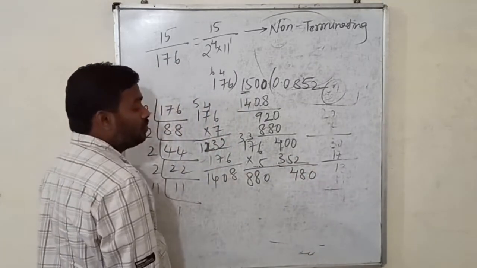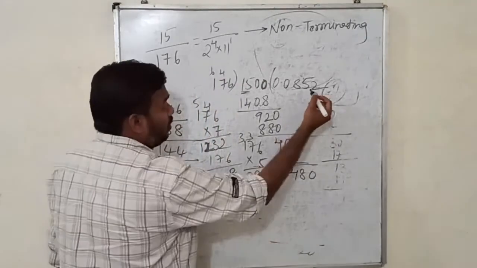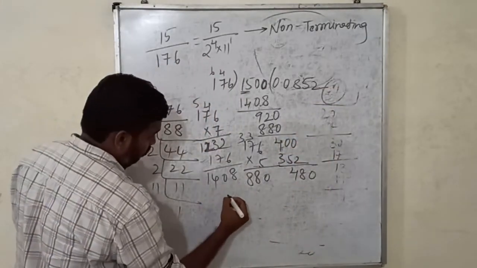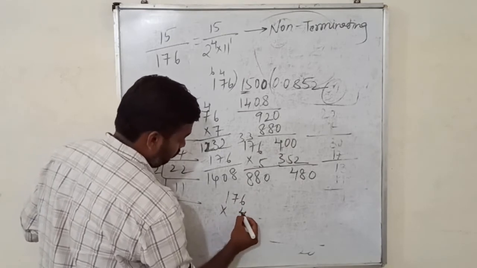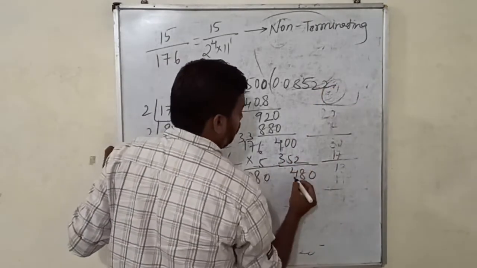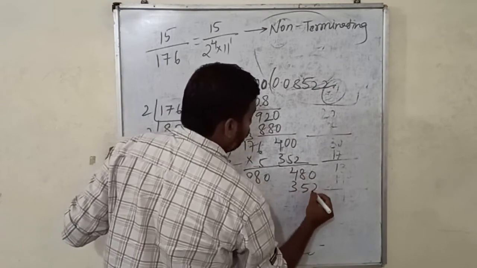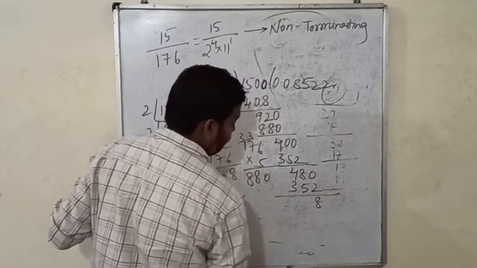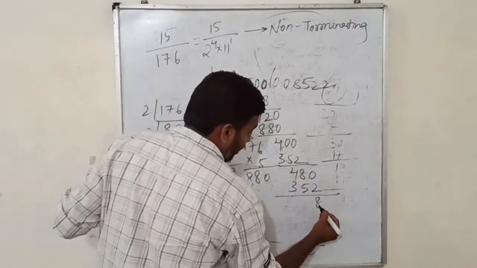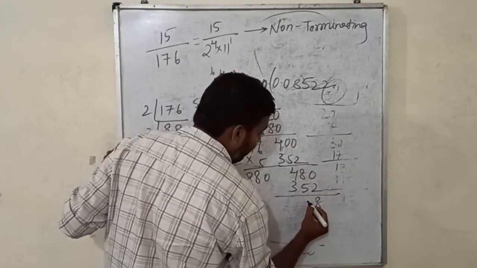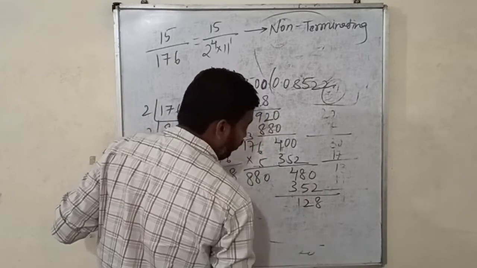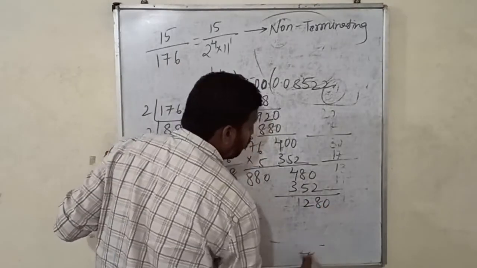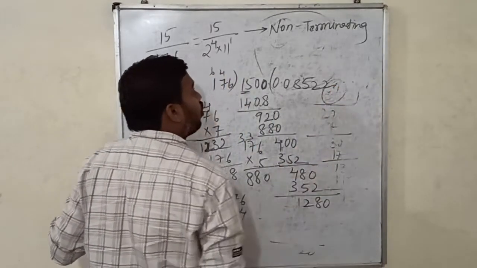Put a 0 again. 352, that will be 10 minus 2 8, 7 minus 5 2, 4 minus 3 1, 128, again 0. So this is going on.